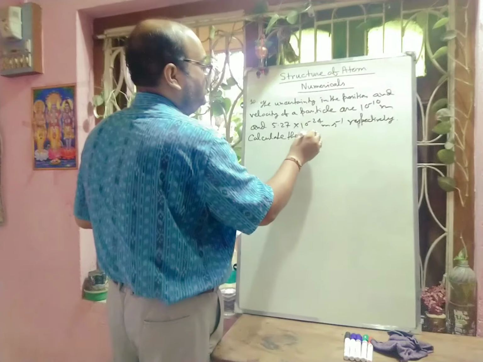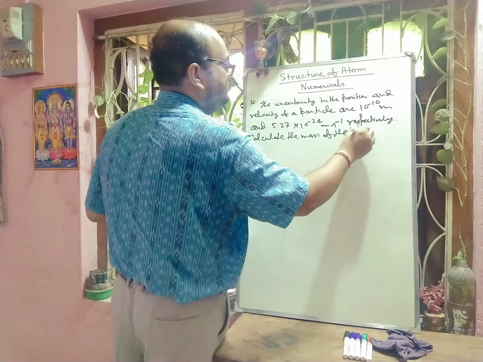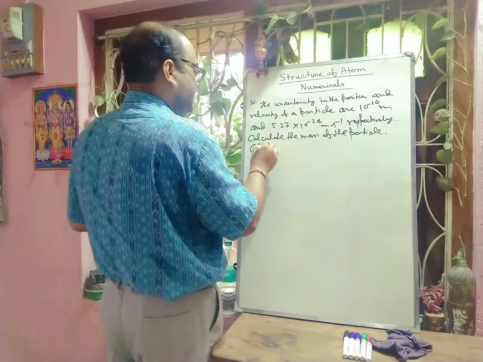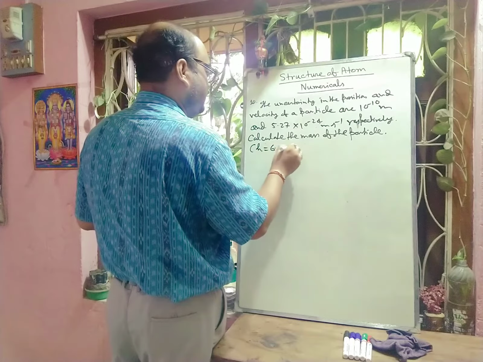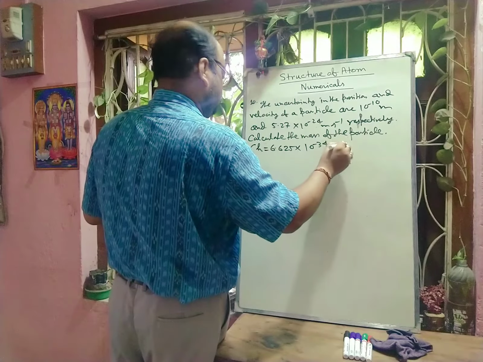Calculate the mass of the particle. Here it is given that h is equal to 6.625 into 10 to the power minus 34 joule second.